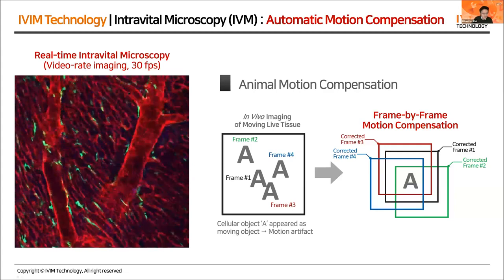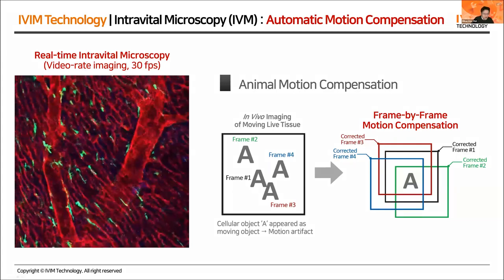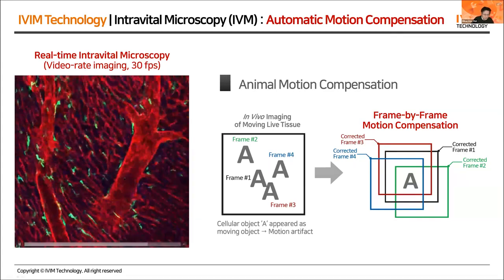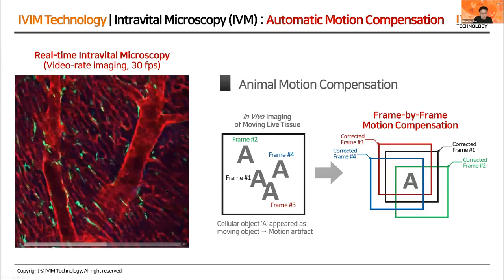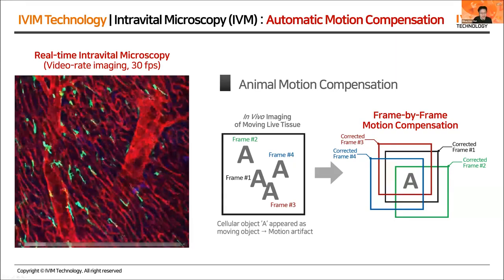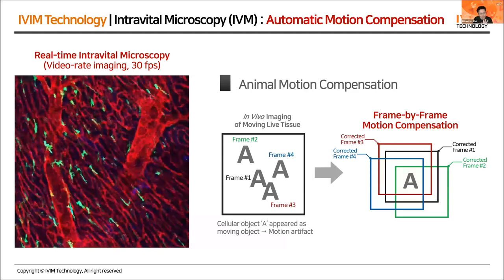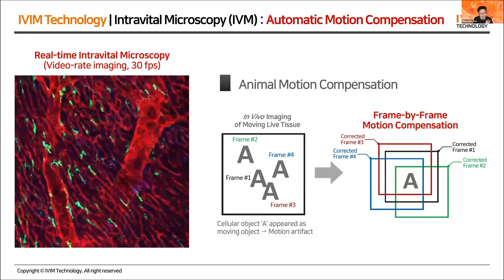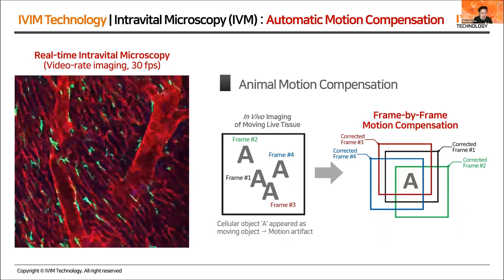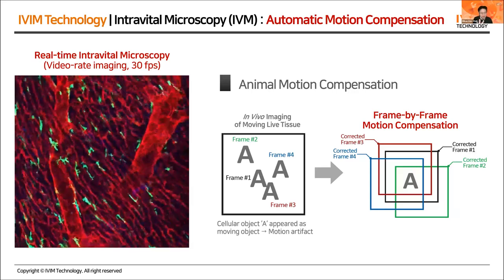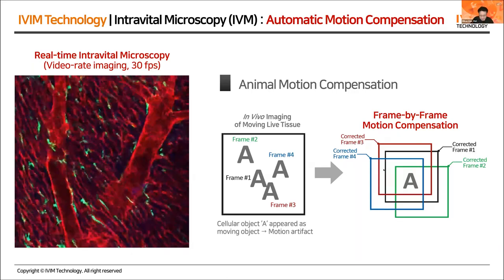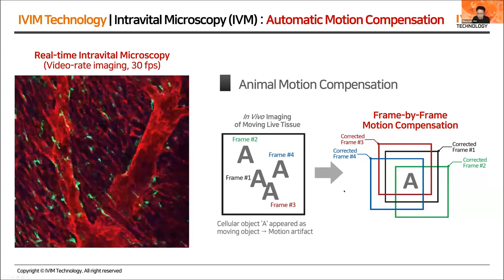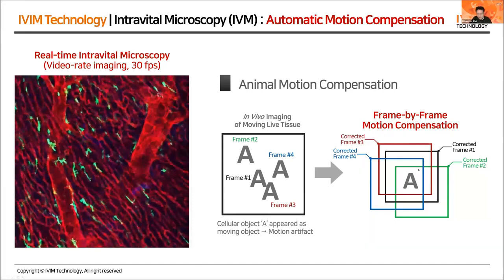This is video rate imaging data obtained at 30 frames per second. And then we do frame by frame motion compensation. By comparing subsequent frames, we can calculate how much movement there was between individual frames, and then we automatically compensate these motions.